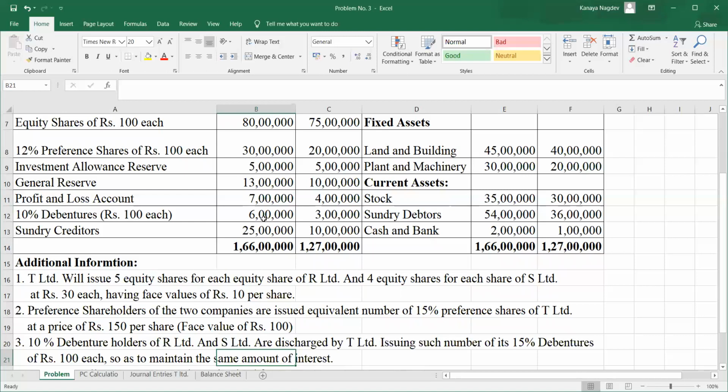But they wanted to make their interest amount the same. So in this adjustment, we will see at what amount 10% debentures are taken over for R Limited as well as S Limited. But debenture holder settlement is not part of purchase consideration.